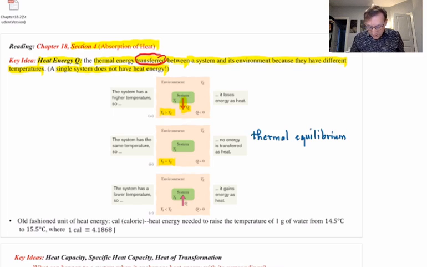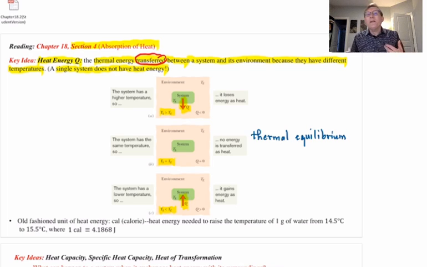The bottom picture shows the situation where the temperature of the system is lower than the temperature of the environment, T sub S less than T sub E. Then experiments show that there will be energy transferred as heat, and the arrow shows you the direction of that energy transfer as heat, Q, from the environment into the system.